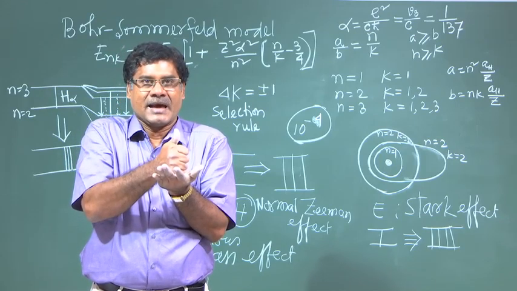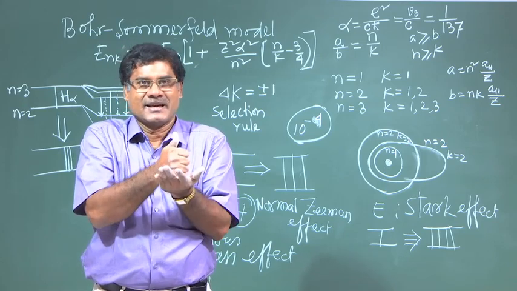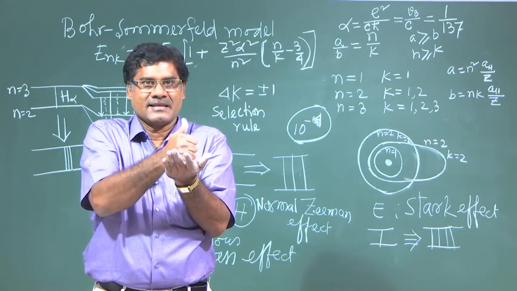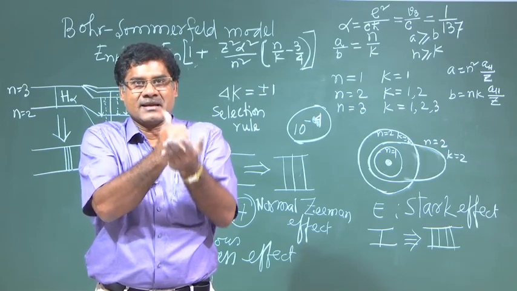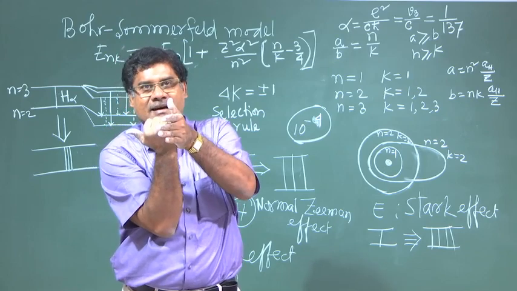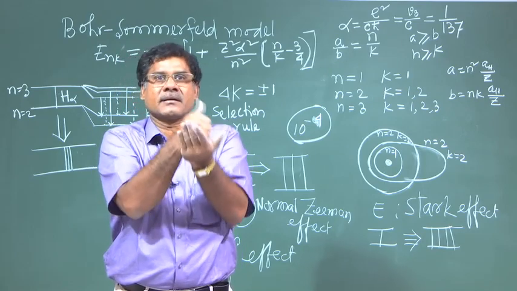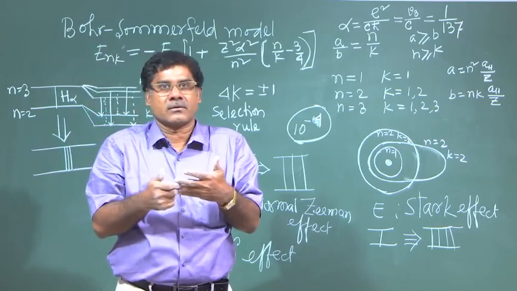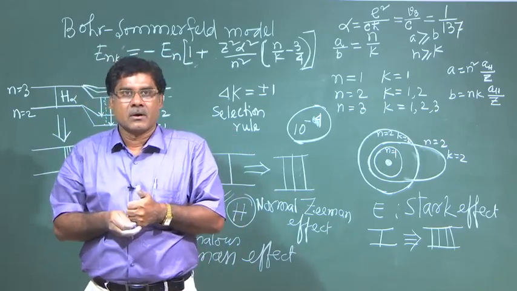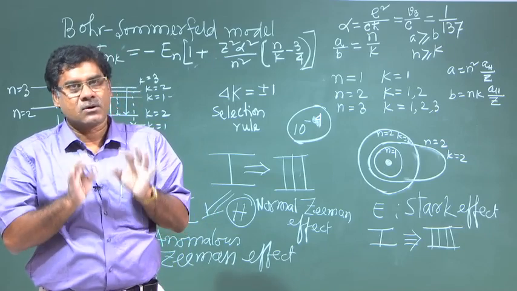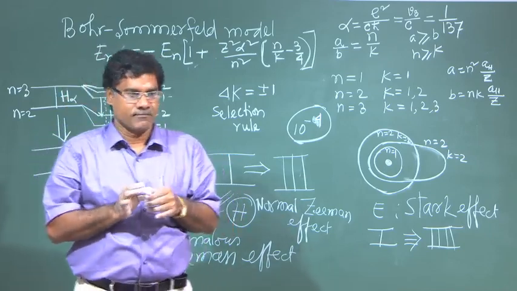It cannot take any direction; it can take this direction, and these others are not allowed, then it can take another direction, okay. So all directions are not permissible, these directions are quantized, and this is called space quantization.